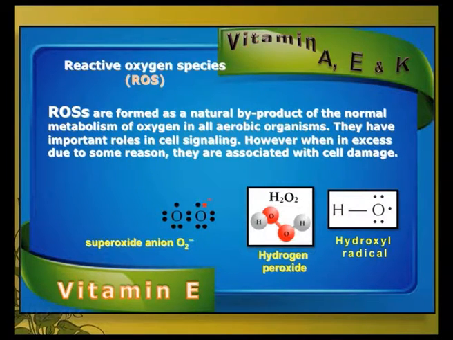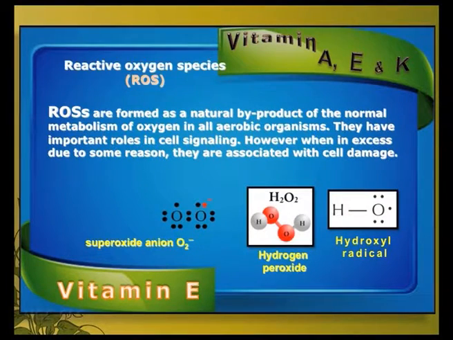They are involved in cell signaling. However, when they are produced in excess, they can cause severe cell damage and may even lead to cancer. The body is equally equipped to handle these reactive oxygen species by neutralizing them. Examples of ROS include superoxide anions, hydrogen peroxide, hydroxyl radicals, and so on.